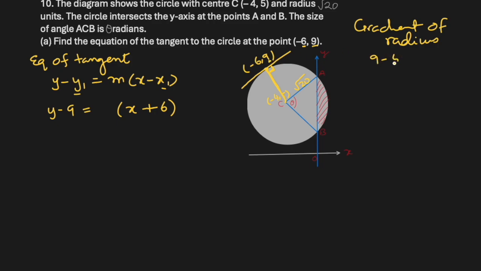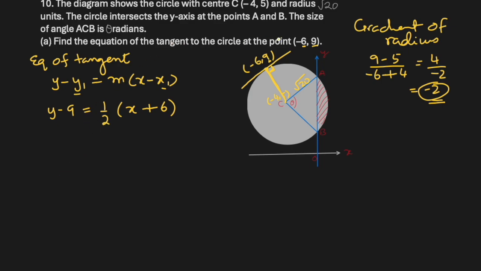So y2 minus y1, which is 5 here, over x2 minus x1, minus 6 minus minus 4. So 9 minus 5 is 4, and minus 6 plus 4 is minus 2. So minus 2 is the gradient of this radius. So the gradient of the tangent becomes the negative reciprocal of minus 2, which is positive half.